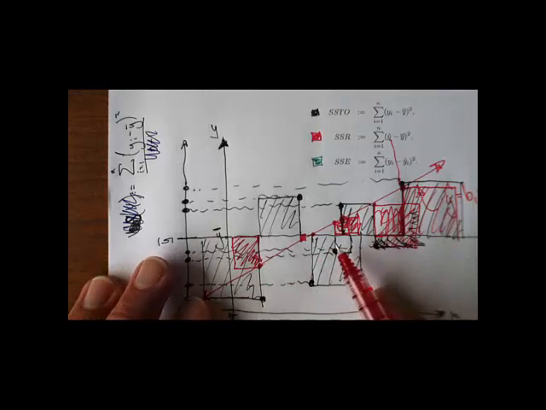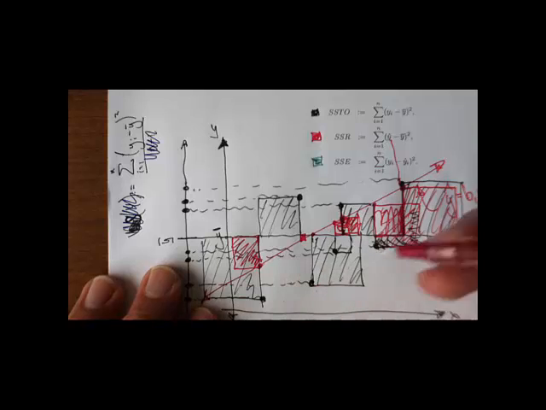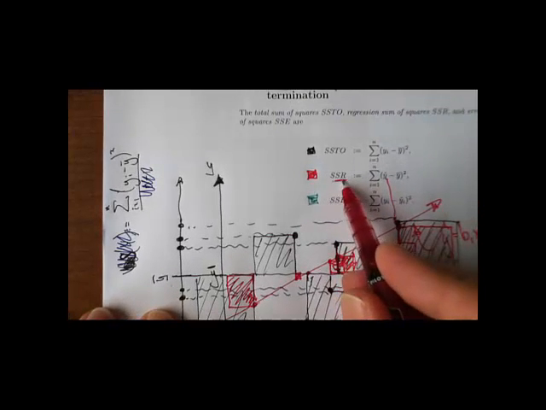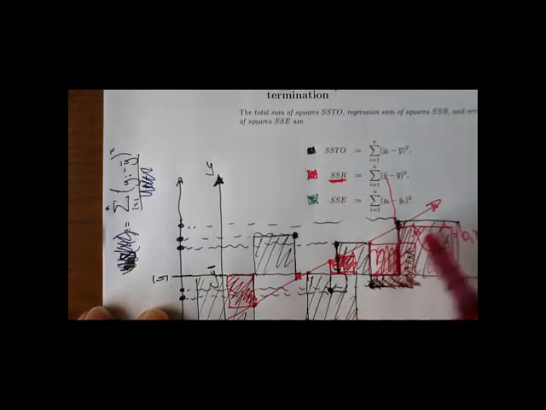It turns out that they will never be as large as SSTO, but you want them to be as large as possible, because the idea is that SSR is the amount of total variation in the data that the regression line, this best fit line, is accounting for.